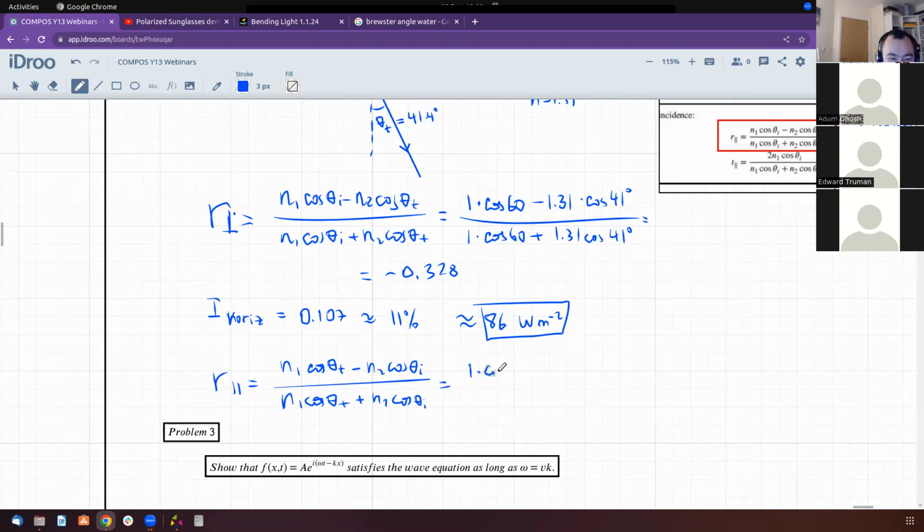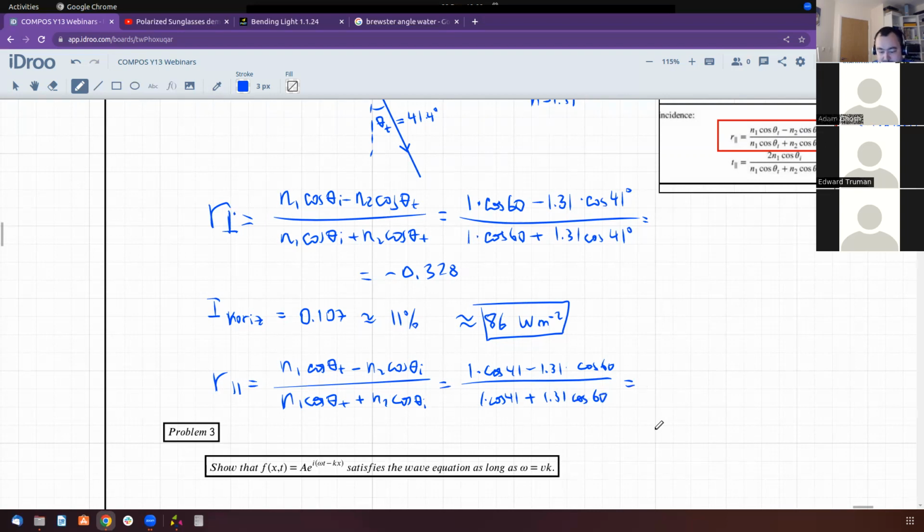So 1 times cos 41 minus 1.31 times cos 60, over 1 times cos 41 plus 1.31 cos 60.